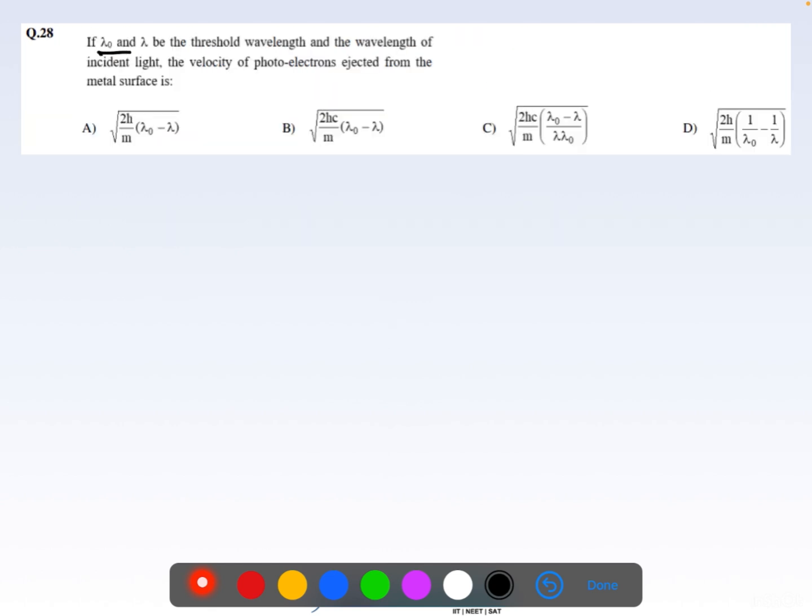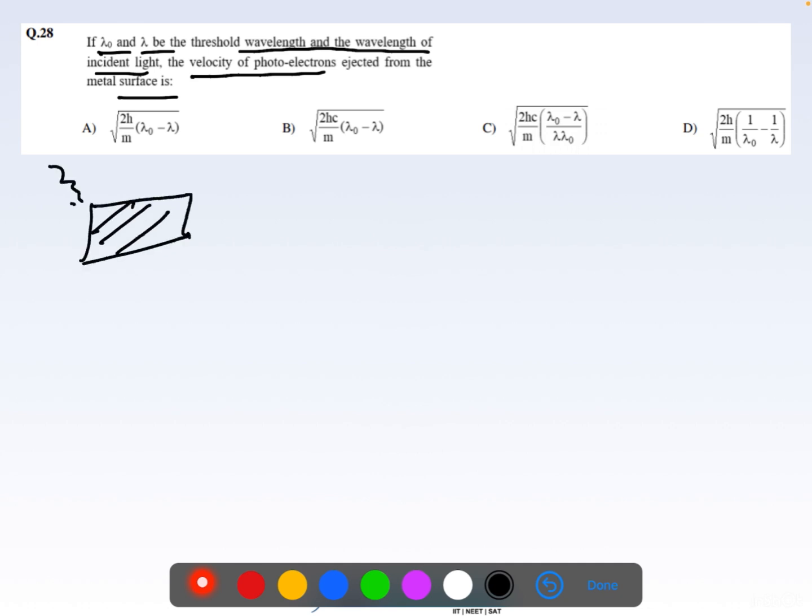If lambda naught and lambda are the threshold wavelength and the wavelength of incident light, what is the velocity of photoelectrons ejected from the metal surface? Suppose we have a metal surface like this, and radiation of energy hc by lambda is incident on it. Some part of the energy, that is hc by lambda naught, is utilized in ejecting the electron, and the remaining energy is manifested as kinetic energy of the electron.